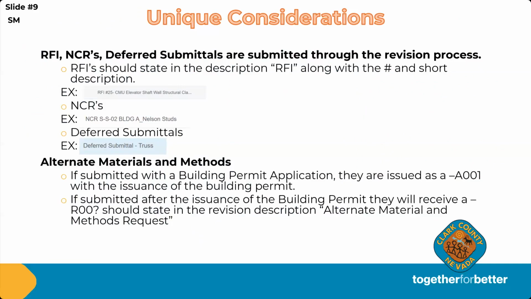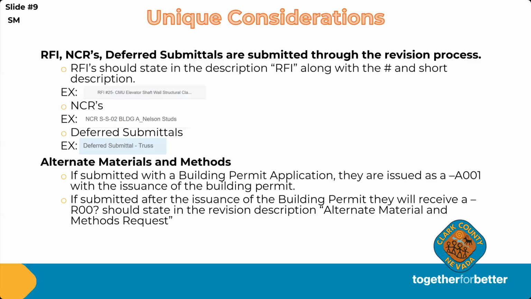We have seen some customers where if they're submitting a deferred submittal revision for truss calcs, they say revision additional scope of work, yes. That's going to throw you into a different category. You're not really adding scope of work because that was something that was listed on your original approved plans as a deferred item. It could be stairs, truss calcs, some of those items that we classify as deferred submittal.